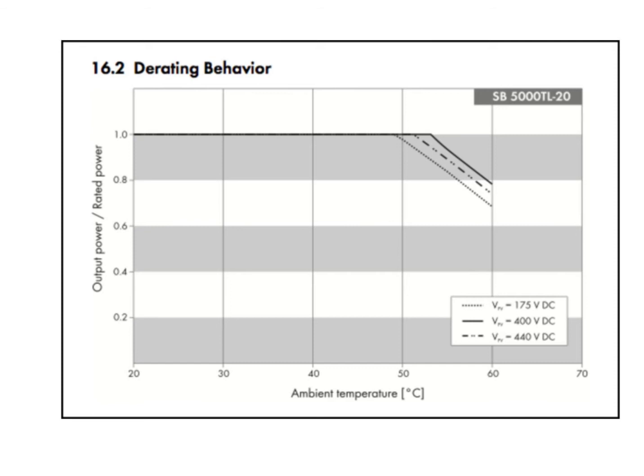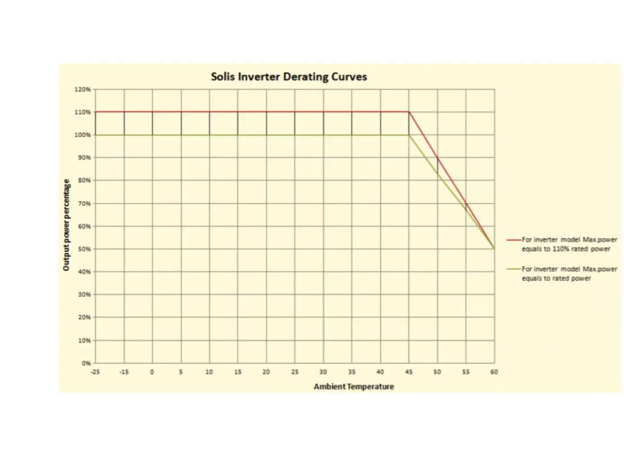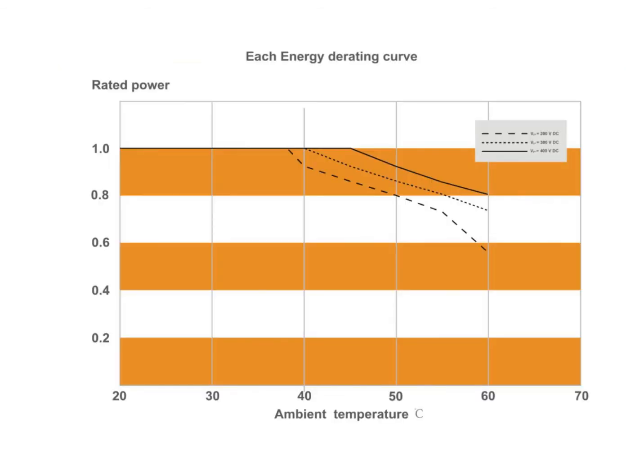Let's take a look at the derating curves of several different brands we know. SMA didn't do as well, and Solis and H Energy did very well.